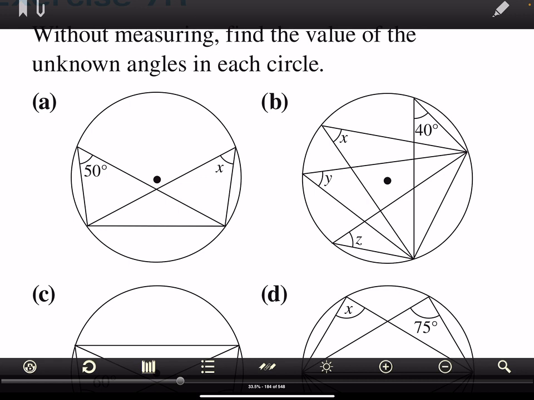All the same, all 40. A, the same. X is also 50. Y extending from the same chord. So the angle of X is also 50. As easy as it can get.